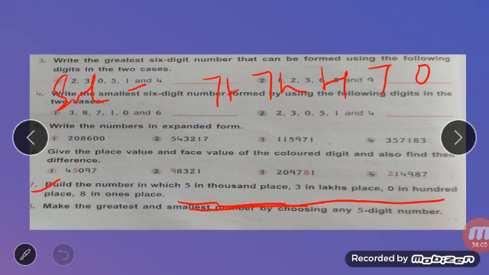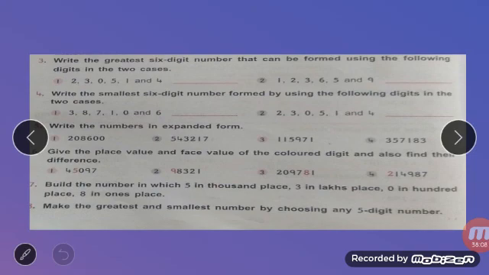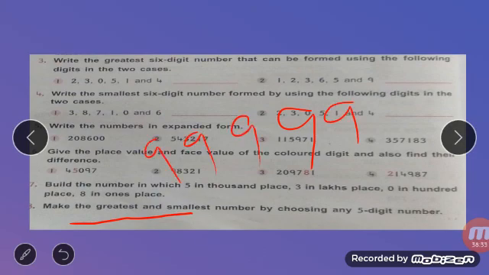Now the last question, 8: make the greatest and smallest number by choosing any 5 digits. Any 5 digits you have to choose and make the greatest 5 digit number. Writing 9 five times is the greatest 5 digit number, isn't it?